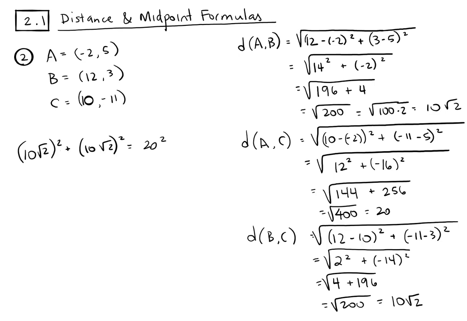And so when I square those, I'll get 200 plus 200 is equal to 400. Since it fits the Pythagorean theorem, then it is a right triangle.